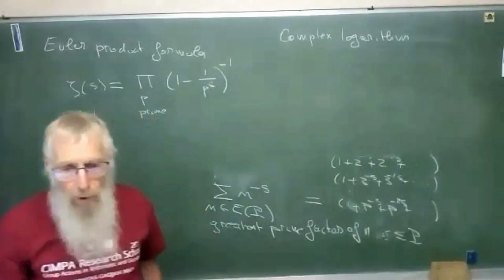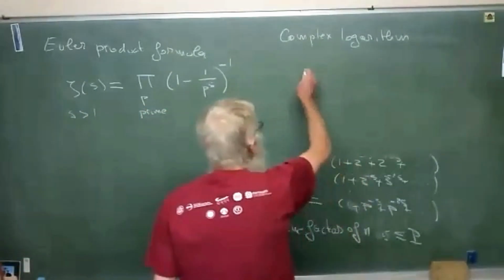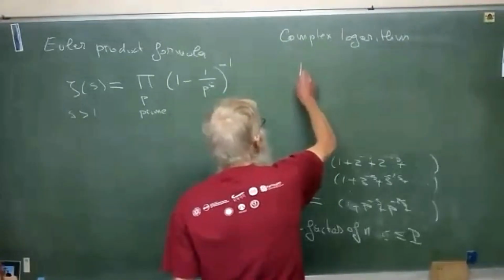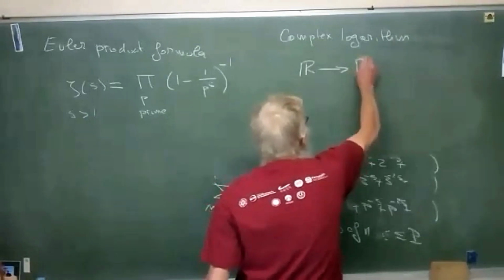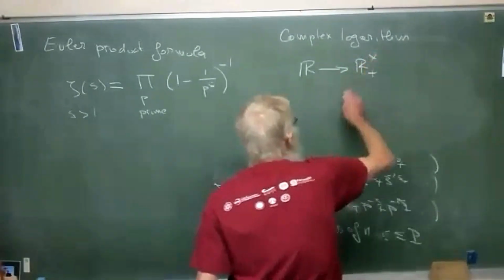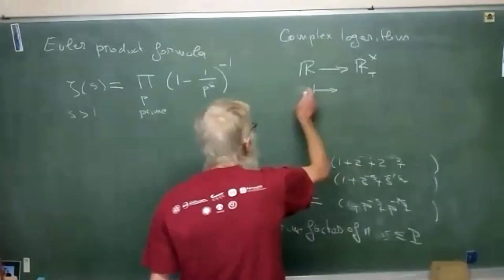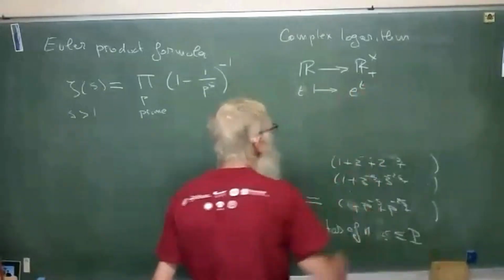You know the real logarithm. It is the inverse map of the exponential map. So you have the map from R to the positive non-zero numbers, t gives exponential of t.